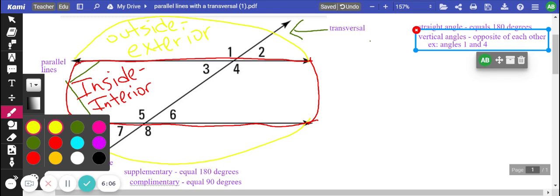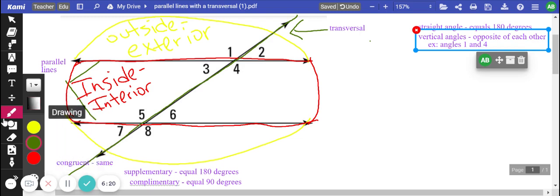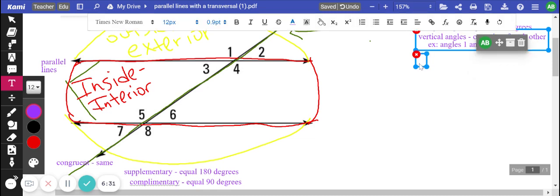Now, don't forget, we have this transversal. So if it is on the same side of that transversal, then it's going to be called same side.